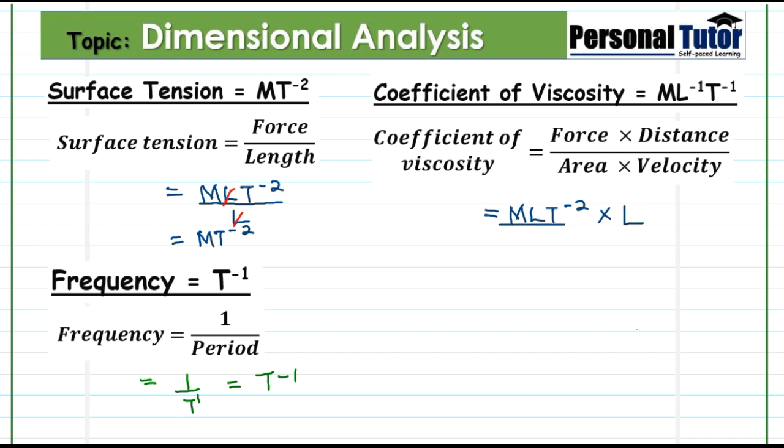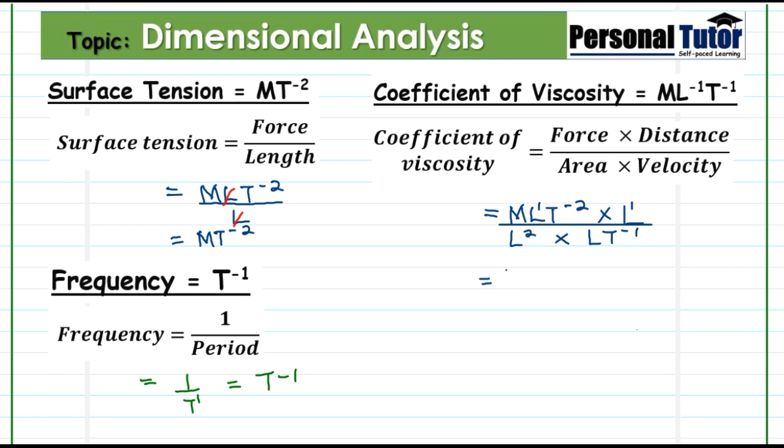All of this divided by area, that is L exponent 2 times velocity, L T exponent minus 1. Just work on the numerator first, because there is an L with exponent 1, another L with exponent 1.